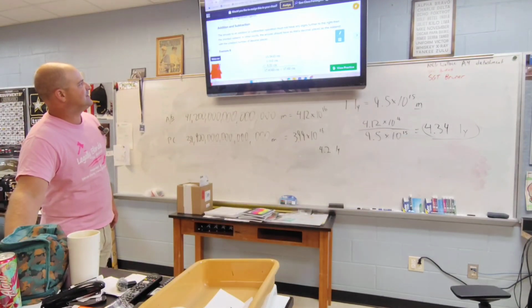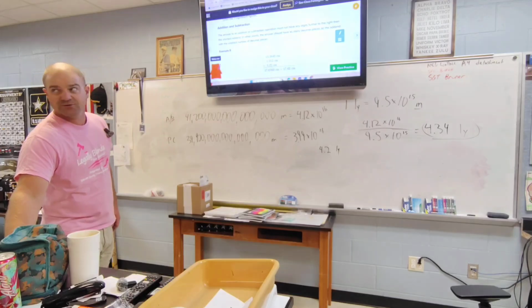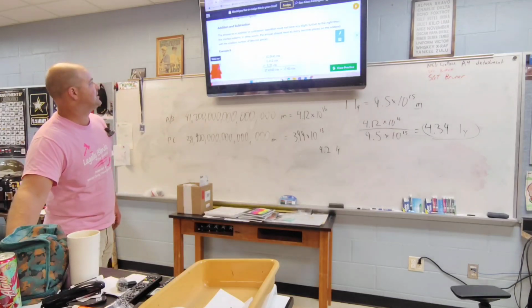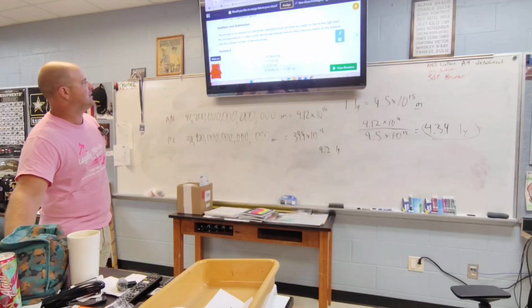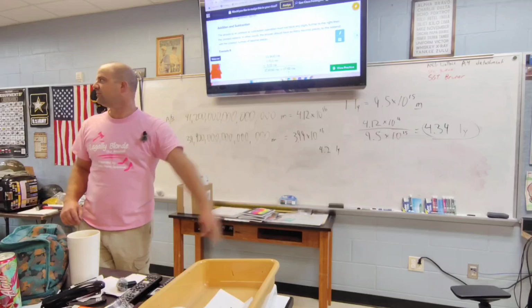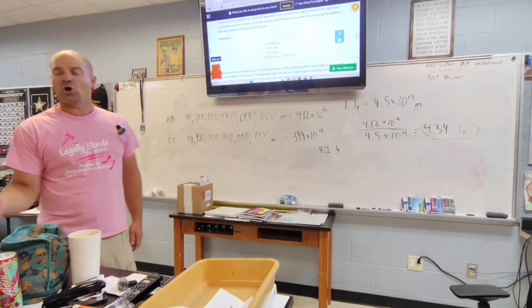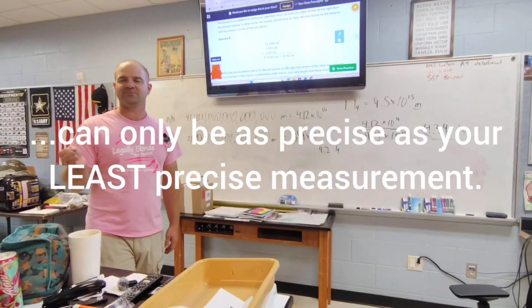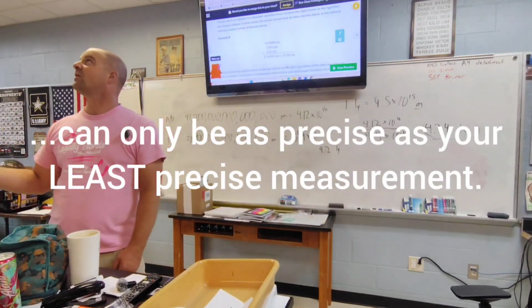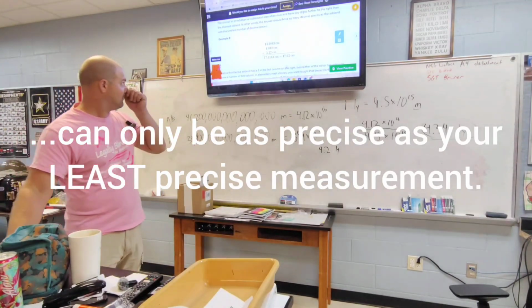The one with the least number of significant figures, that's the answer you're going to have as far as past the decimal. So we have 2 past the decimal here. We have to round our number to have 2 past the decimal there. Because you can only be as precise as your least precise measurement, right?